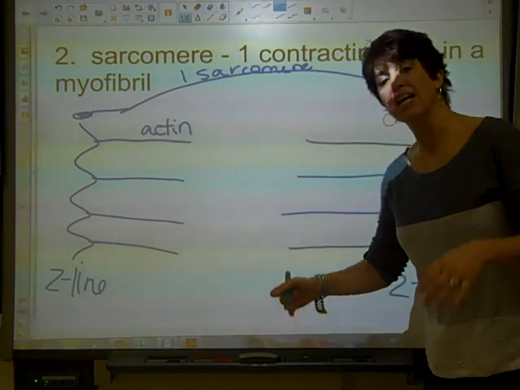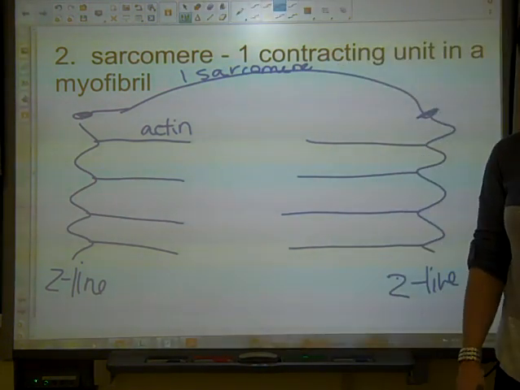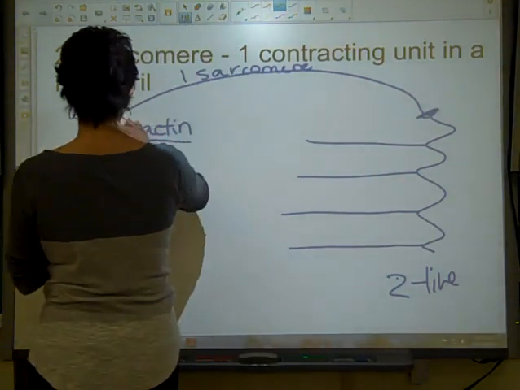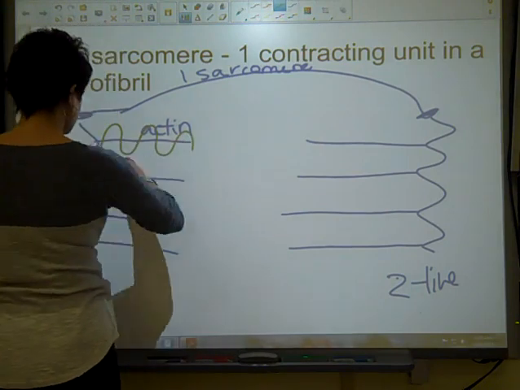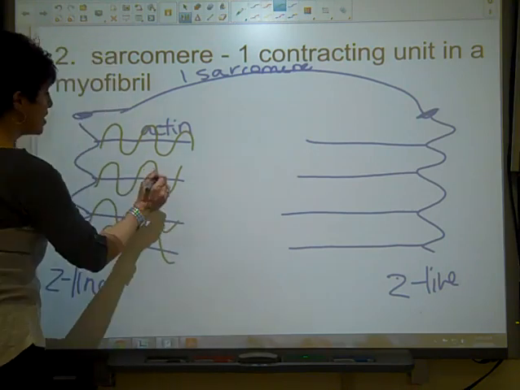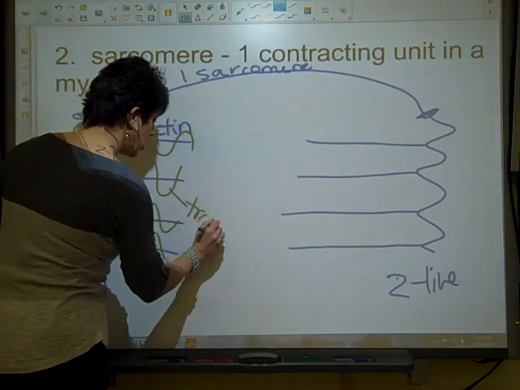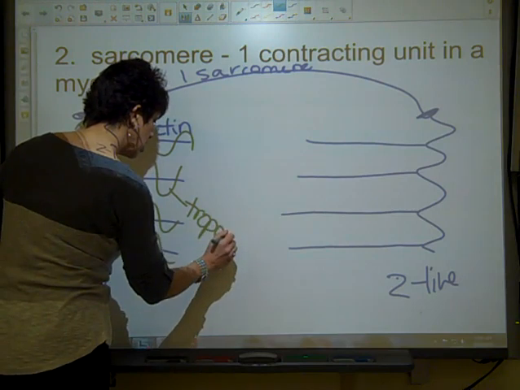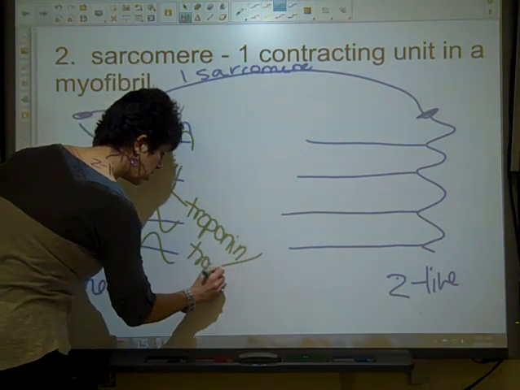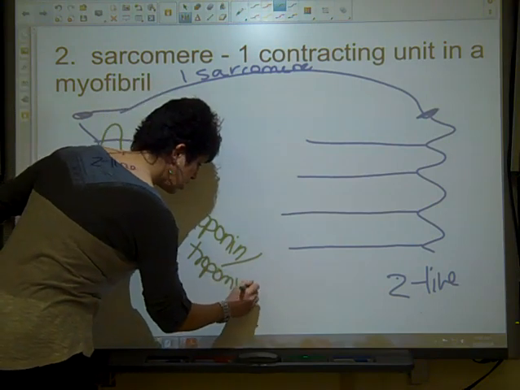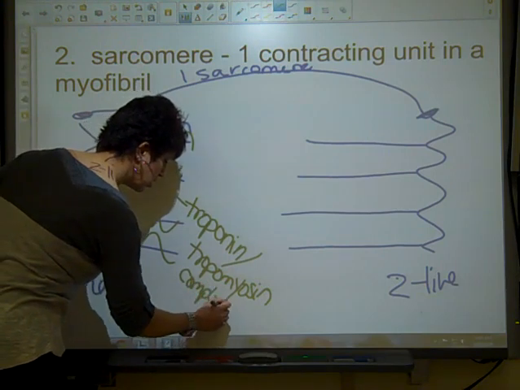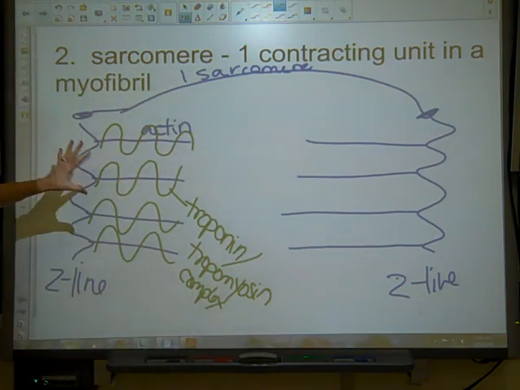Actin has a complex wrapped around it. It's called Troponin Tropomyosin. So the tropomyosin wraps around like this. I'll just do it on this side just to show. So this is called the Troponin Tropomyosin complex.